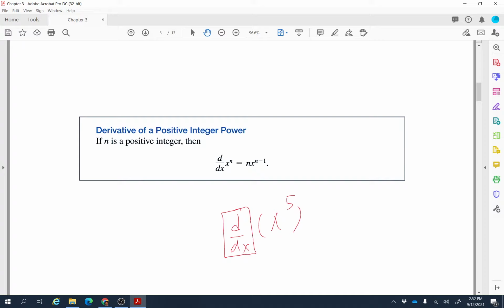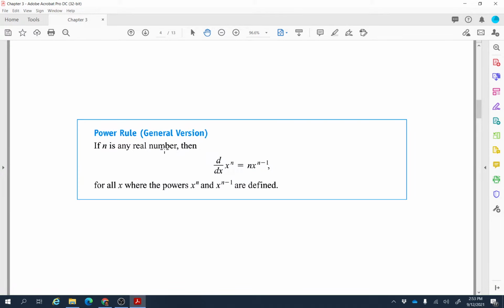So by using this formula, the derivative of x to the power 5 would be 5 times x to the power 5 minus 1, which is 4. So the rate of change of x to the power 5 by using this formula would be 5 times x to the power 4. In this case, it says n is a positive integer, but that's not required. n could be any real number, and we can still use this formula.